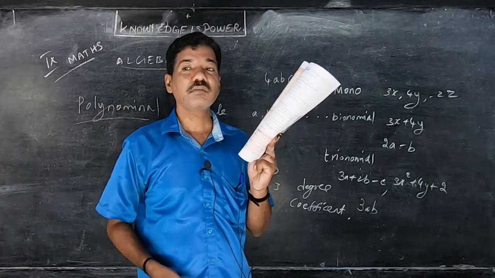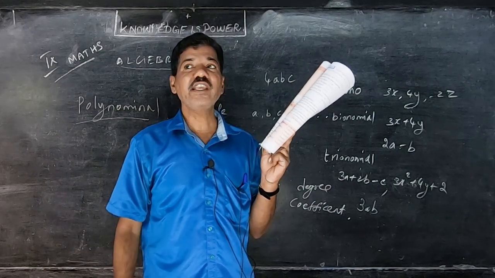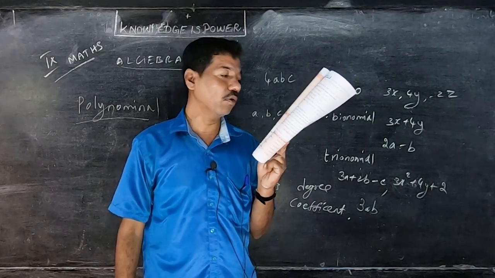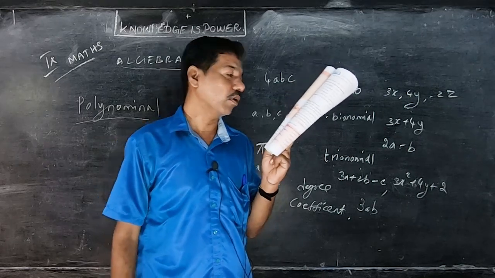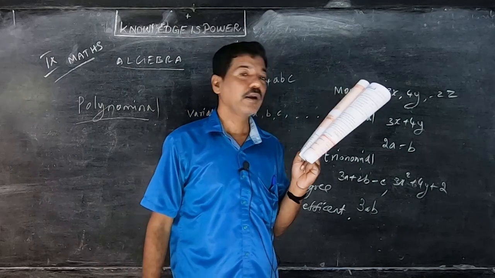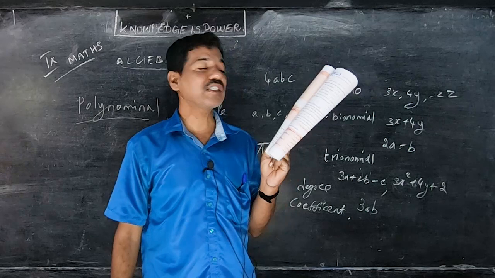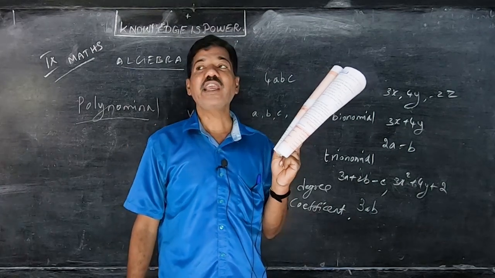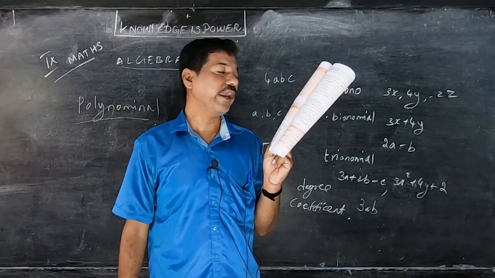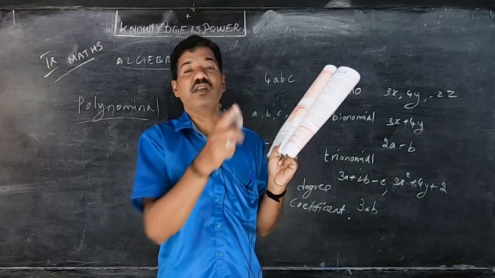So see the first one, 5m power 4, next plus 7m square, third one minus 3m, next one 8.